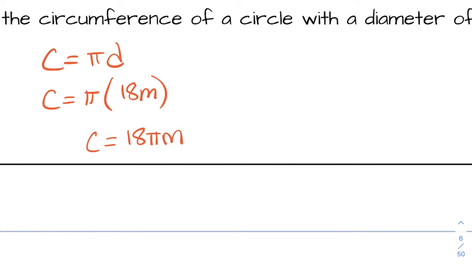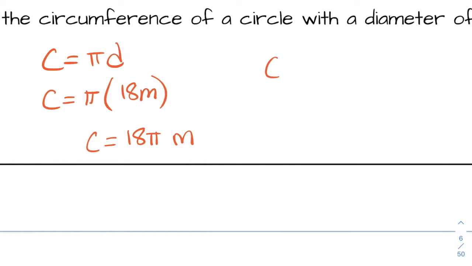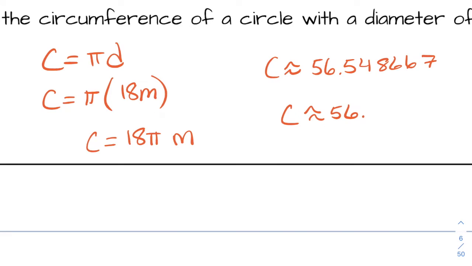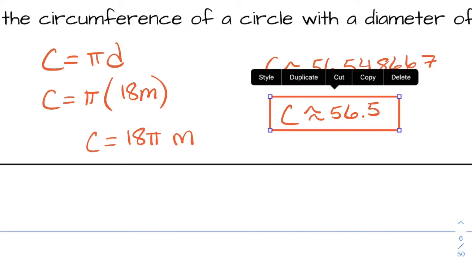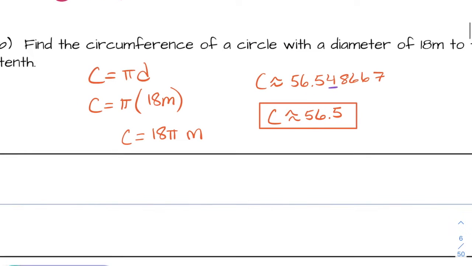And what we need to do is 18 pi. Circumference approximately equals 56.548667. Okay, so circumference approximately equals 56.5 because the 4 rounds off. Okay, so that's the nearest tenth.